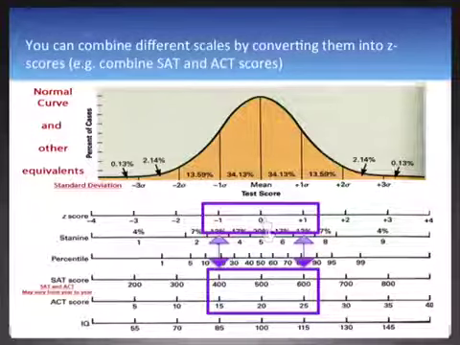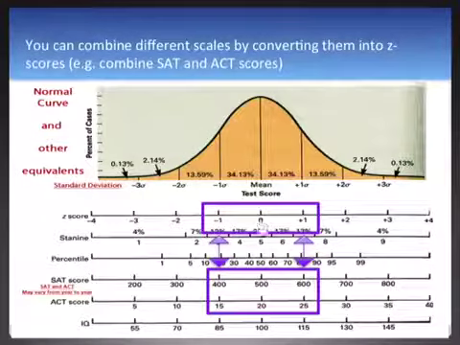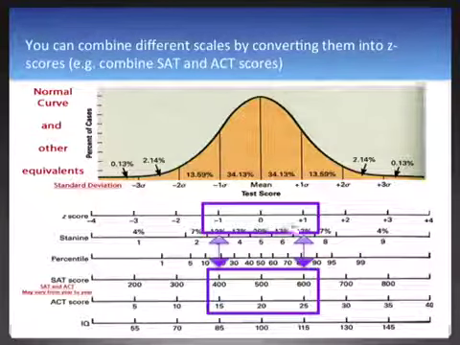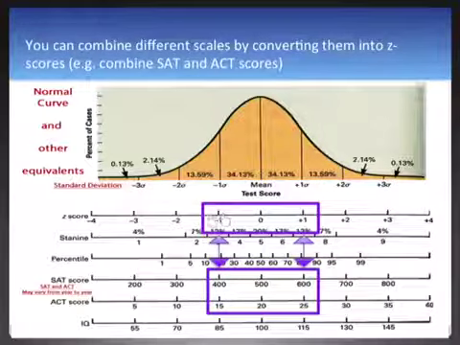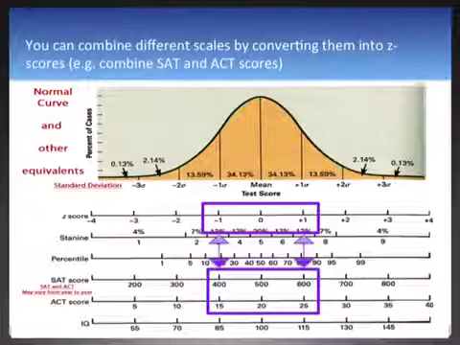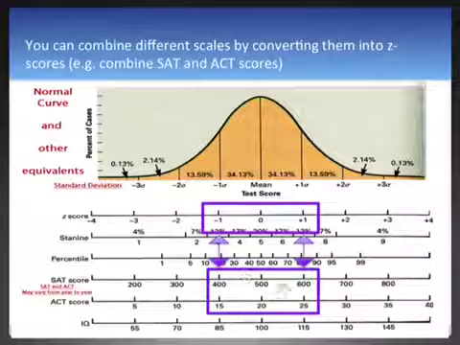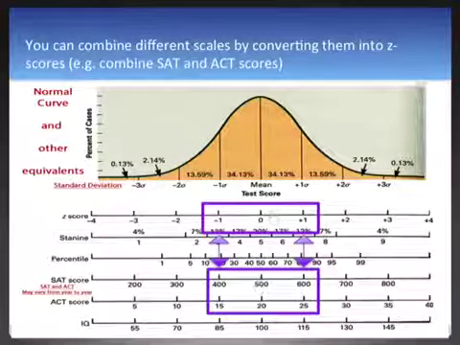A z-score of 0 means 0 standard deviations above or below the mean, so it's the mean. A z-score of 1 means 1 standard deviation above the mean, and a z-score of -1 would mean 1 standard deviation below the mean. So if you want to combine different scales or compare them with each other, you can transform the scale into z-scores.